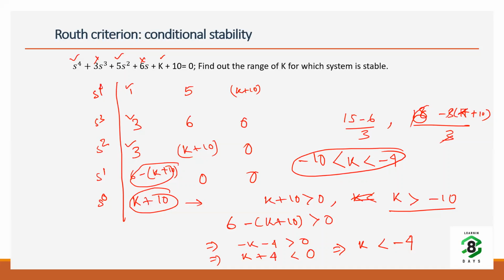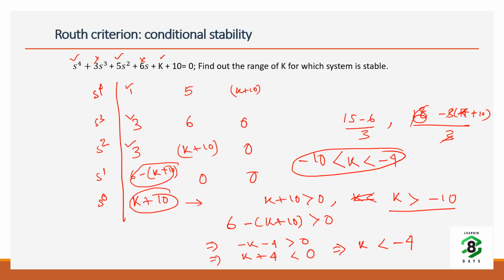And this is called conditional stability. Most of the time you will be controlling some of the parameters while designing a control system, and you have to make sure they are within that boundary and stability is ensured, because unless the stability of the closed loop control system is ensured, your system is not going to work in real life.